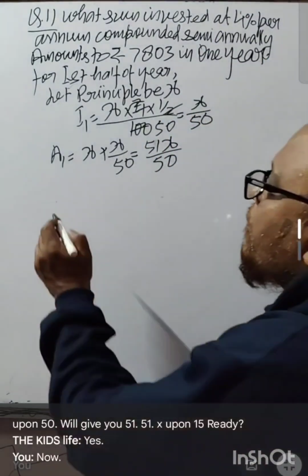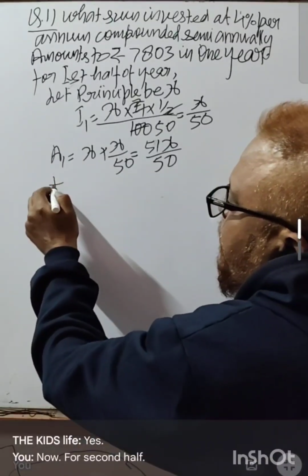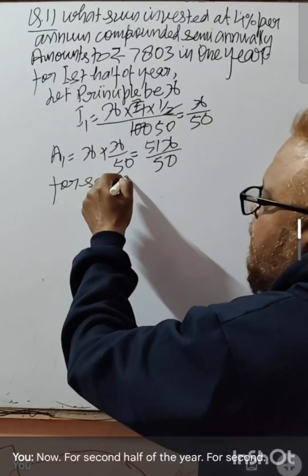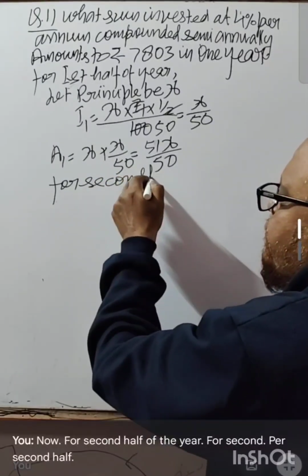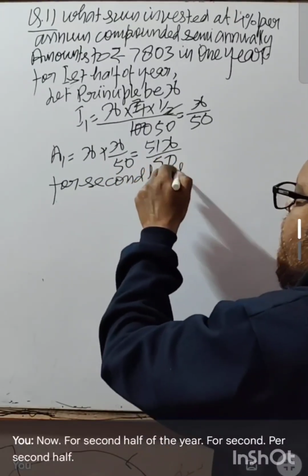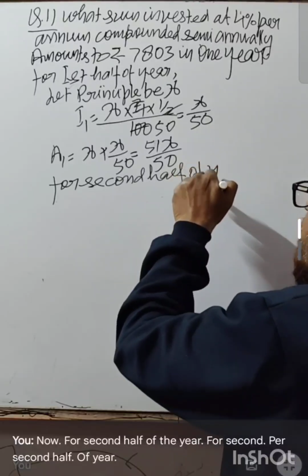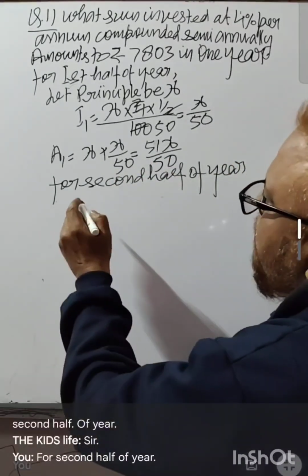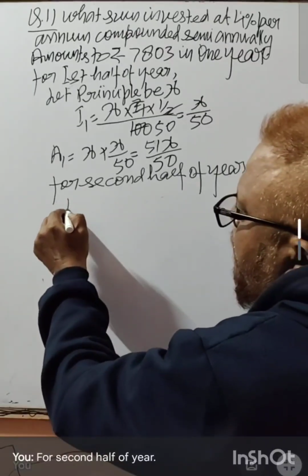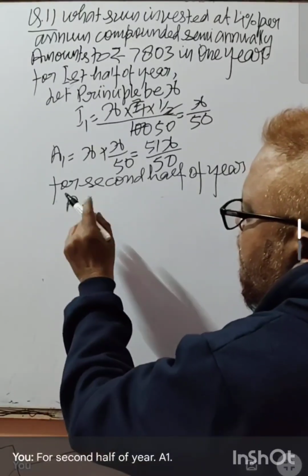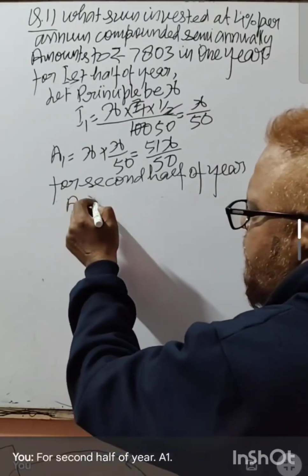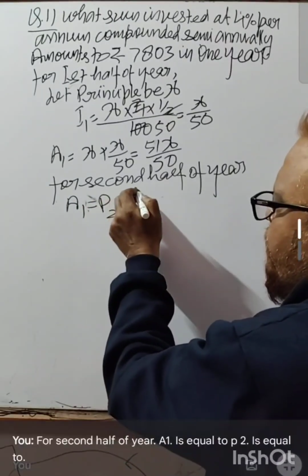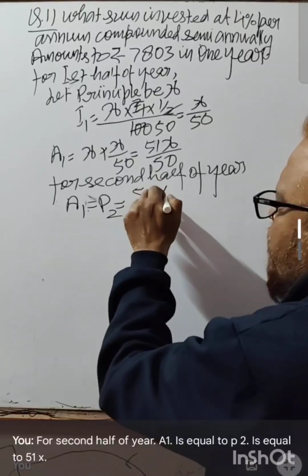Now for the second half of the year, A1 is equal to P2, which is 51X upon 50.